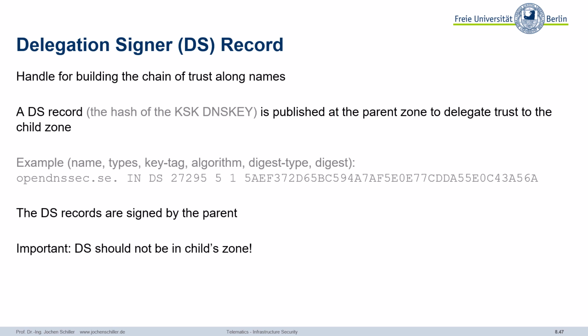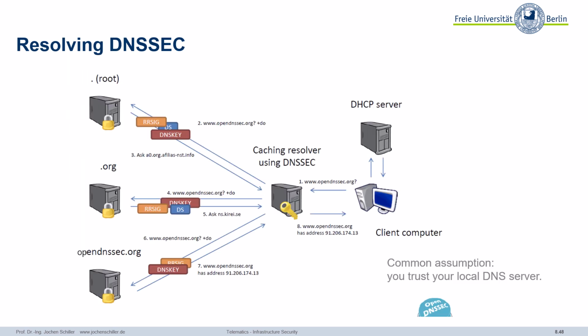So how does it then really work, all this together? In the end, you have your client computer, and your client computer asks for a certain URL. And then, if no one knows anything, we learned that we have to go to the root.